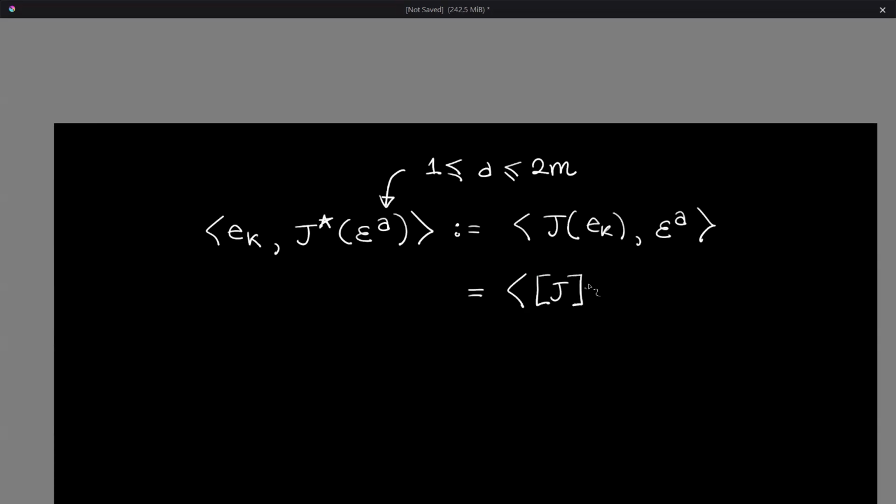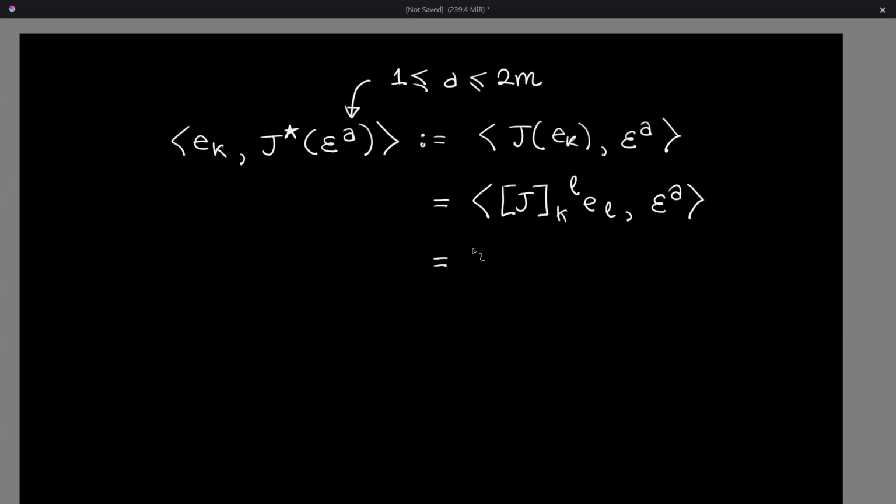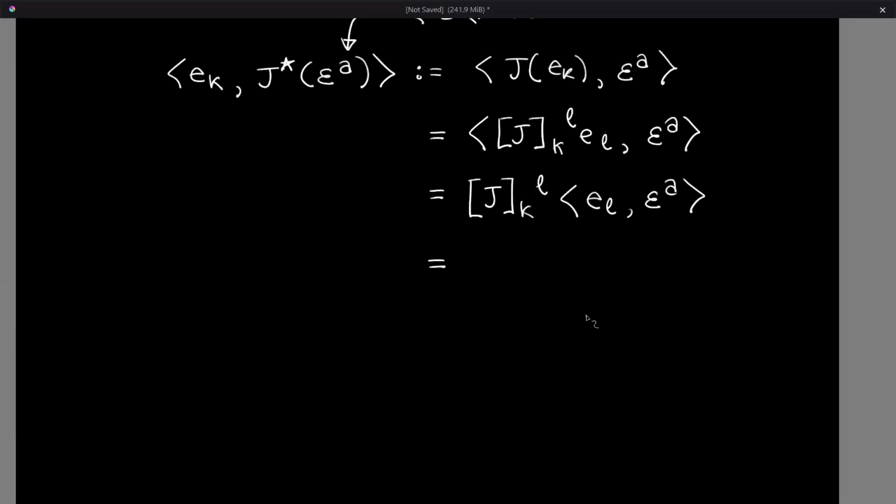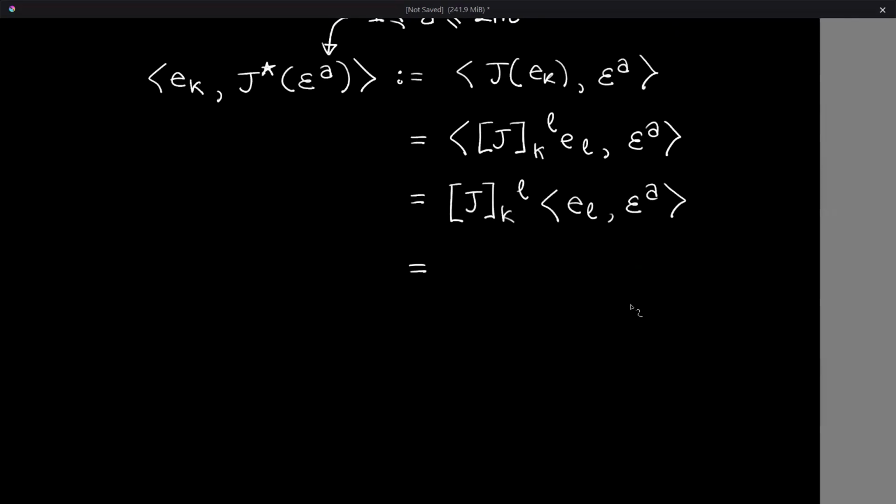Break it down in terms of matrices. I don't think I put the basis down for this. EL, comma, epsilon A, which gives us, taking out that coefficient, J, K, L, EL, epsilon A. The basis is the eigenbasis, so we can just take it as the eigenbasis.